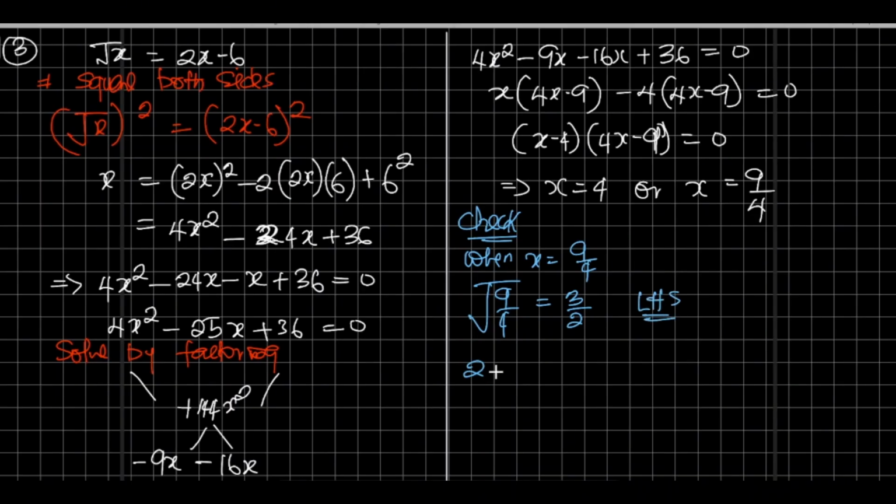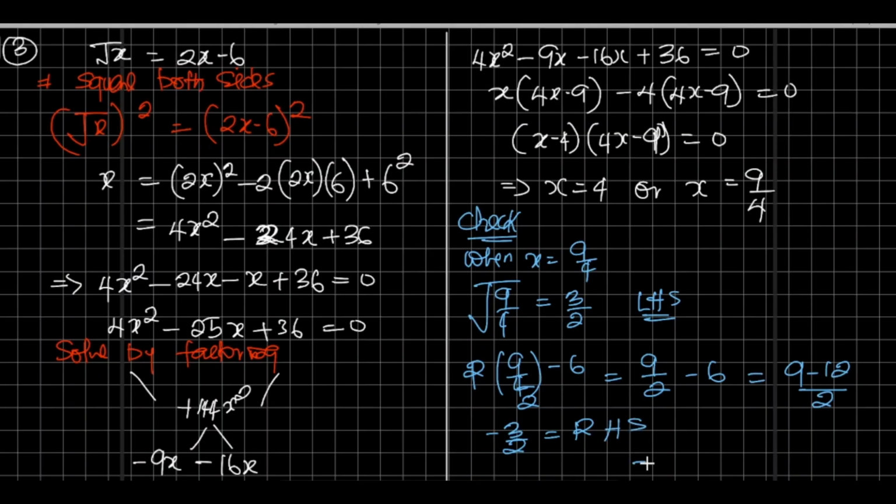So for the RHS, we have 2 brackets 9 over 4 minus 6. So 2 here, 2 here, 2. So that equals 9 over 2 minus 6. That will be 9 minus 12 all over 2. So that will be minus 3 over 2, which is the RHS.